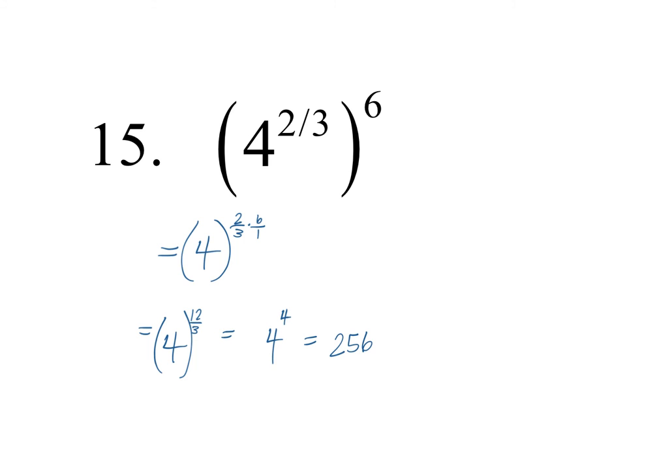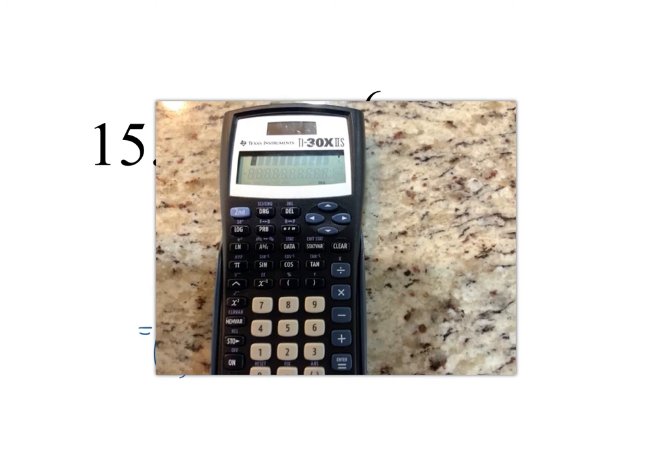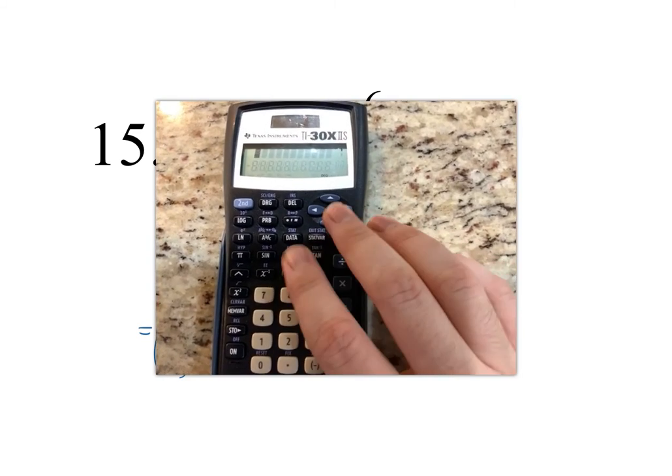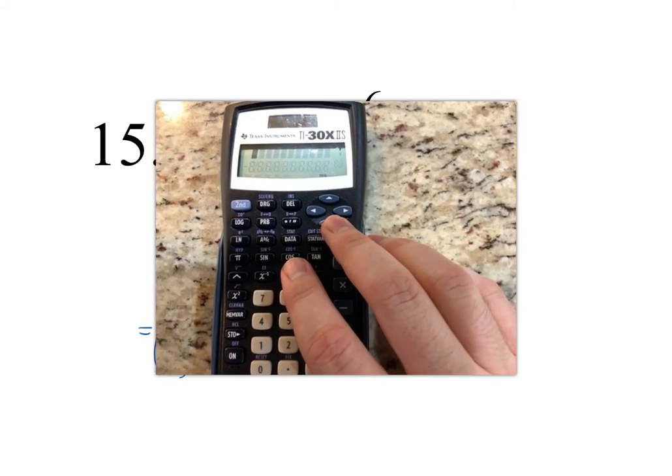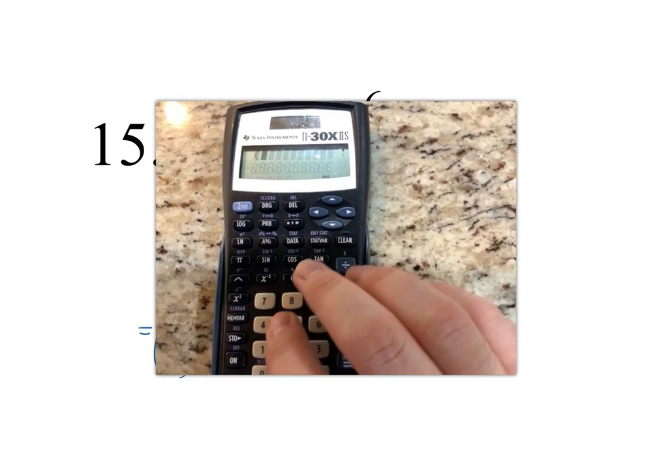Believe it or not, we could have just typed it in the calculator. Literally, just like this, we could have typed it in the calculator, because there are only numbers. Now, if that said x to the 2/3 to the 6th, I wouldn't have been able to just type it into the calculator. But since these are all numbers, I can type it in. Let me show you. I'm going to think about it just as the problem was written, 4 to the 2/3, then to the 6th, and I'm going to use a lot of parentheses.